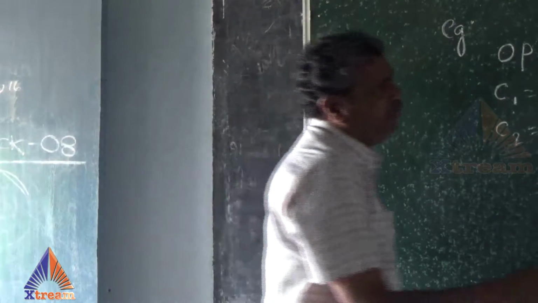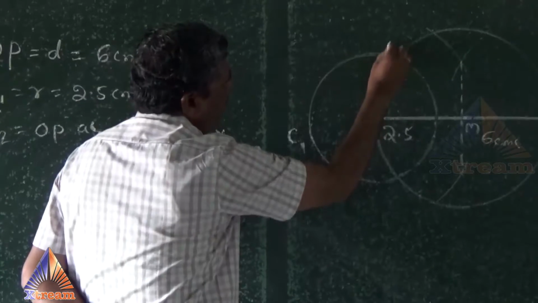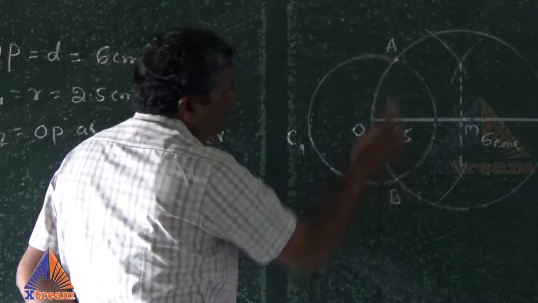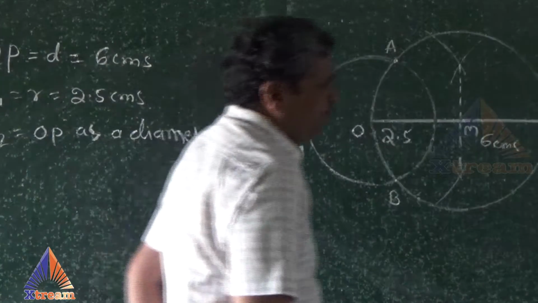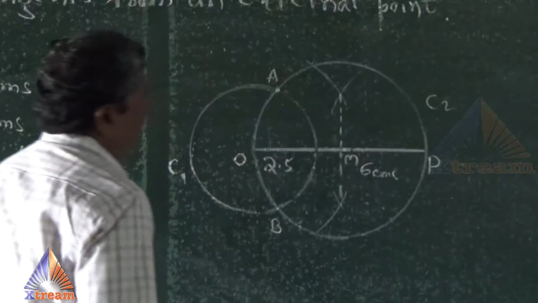The point where the C2 circle meets C1 is called point A, and the other one is point B. So A and B are the points of intersection of circles C1 and C2.